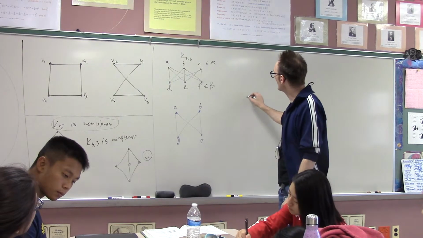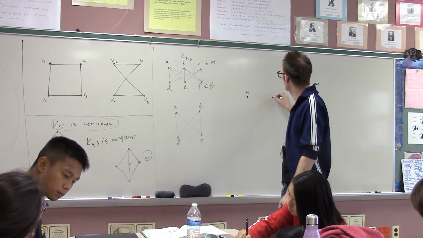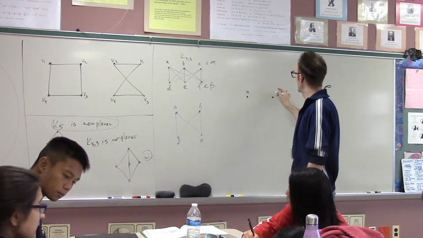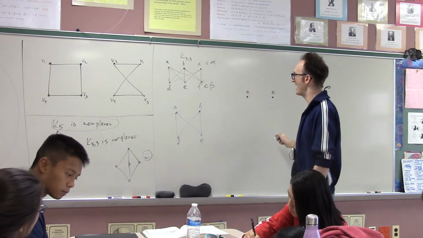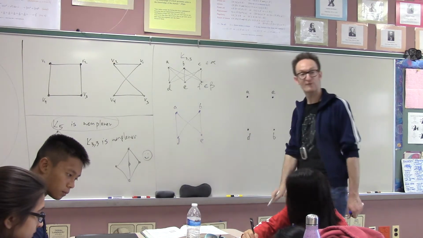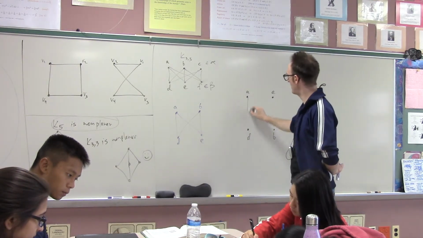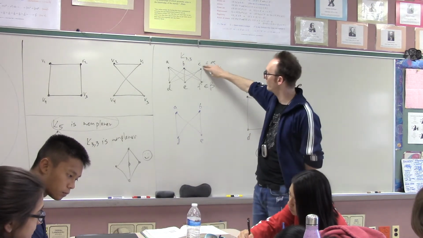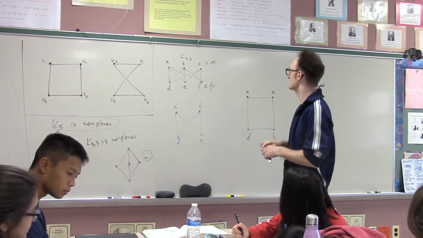I claim that this is the most difficult part of the proof, the first step that says the only possible way to arrange 4 vertices of K33, 2 from one set of the bipartition and 2 from the other, is like this.